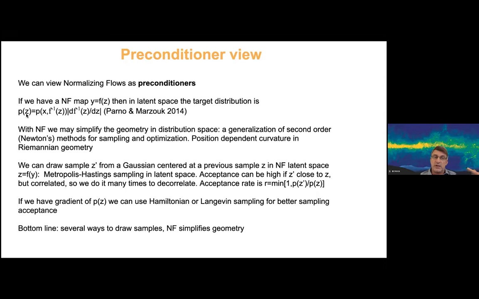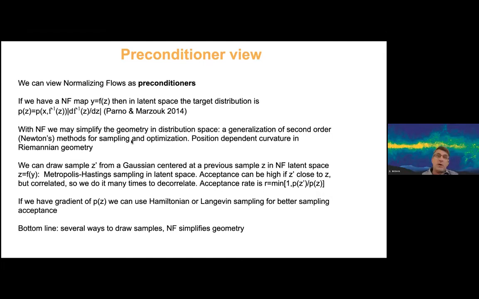So you can think of the target distribution, P of Z, in latent space as being the target distribution in original space times, let's say, the inverse Jacobian. And so the goal of these normalizing flows is therefore to simplify the geometry in the latent space.